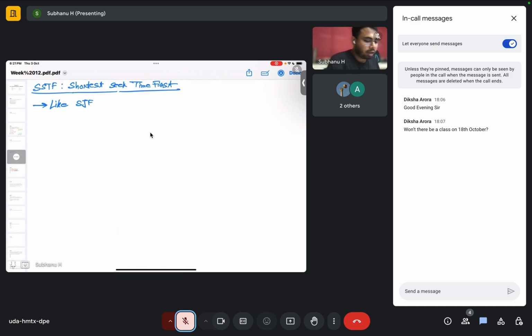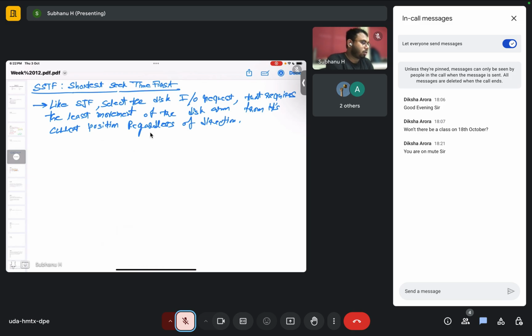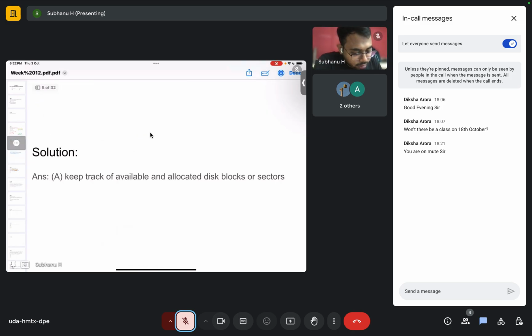Here we select the disk input output request that requires the least movement of the disk arm from its current position, regardless of direction. Okay, so this is our algorithm.